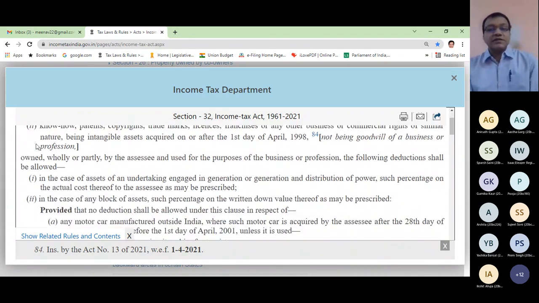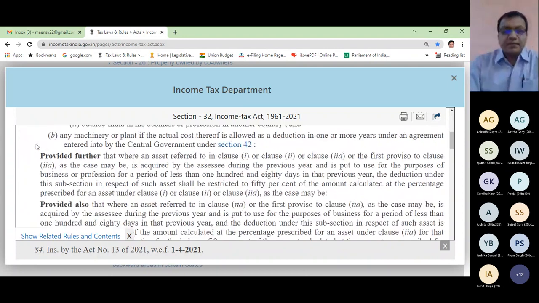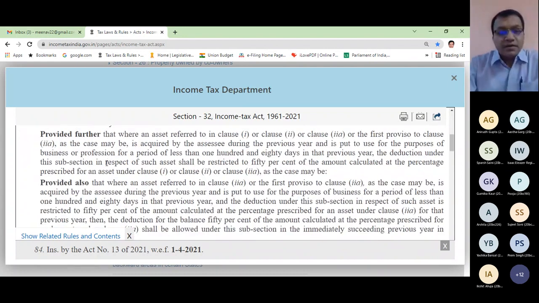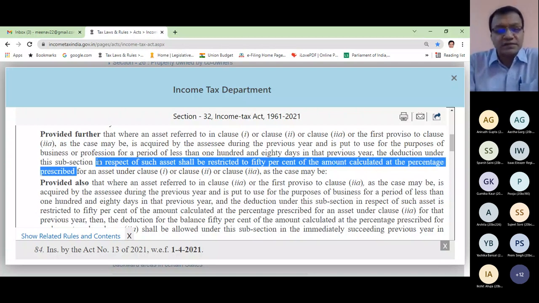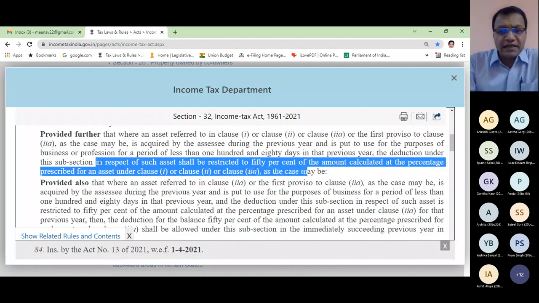So deduction under section 32 subsection 1 in respect of such asset, which has been acquired during the year and put to use for less than 180 days, shall be restricted to 50% of the amount calculated at the percentage prescribed for an asset under clause 1 or clause 2 or clause 2A as the case may be.